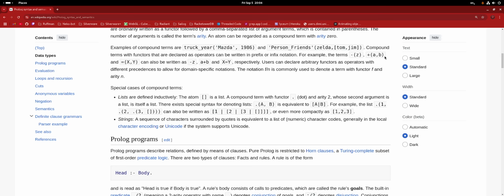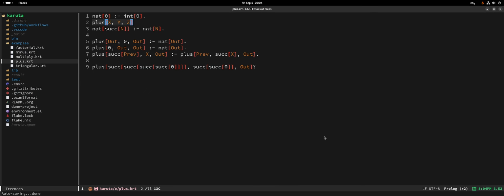Wait, are you sure that's sugar though? Isn't it just like this? Yeah, it's basically like that, except that's not really how the actual surface syntax looks. Let's talk only about the syntax.